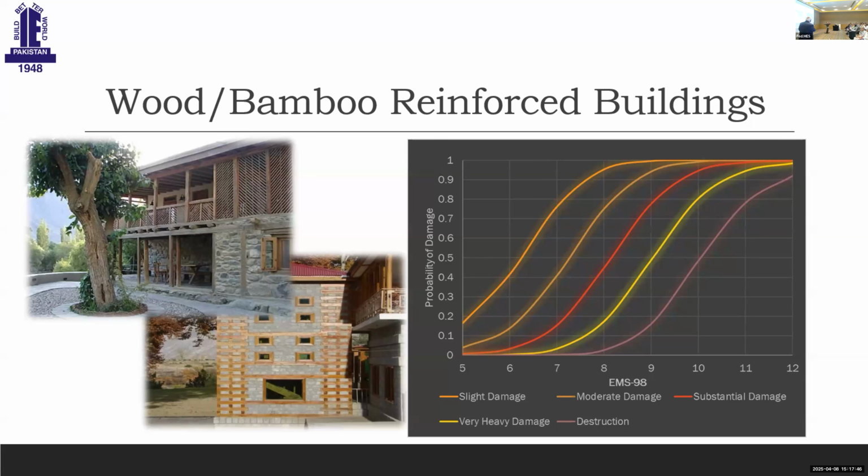If there is an intensity of 8, sorry, not 8 magnitude, the intensity of 8 on the scale, the probability of damage of a wooden and bamboo structure will be something like 5% or maybe 4%. But if it is a 9 intensity earthquake, we're talking about something like 15% damage, so 15% of buildings will undergo complete collapse. And depending on the intensity, some of the areas in Myanmar faced up to 11 intensity.